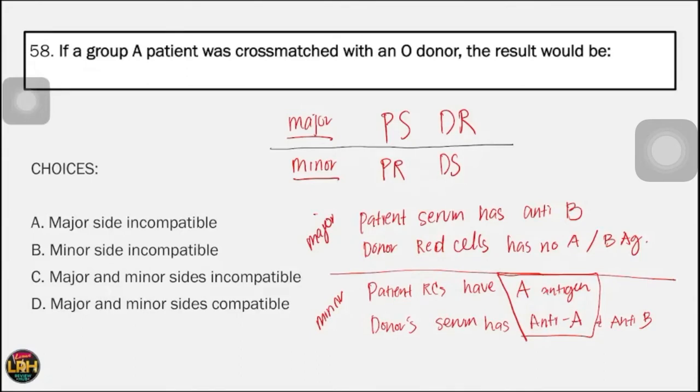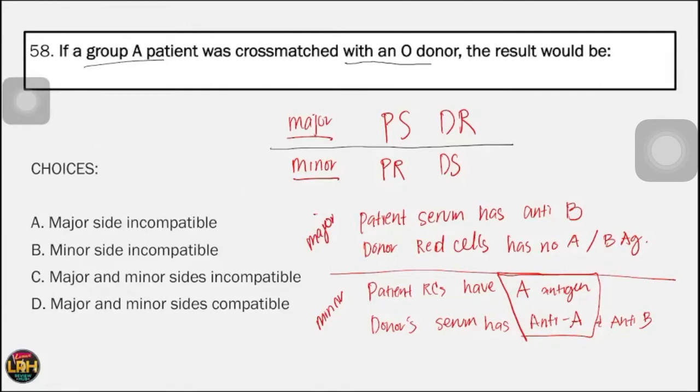So using the given group A patient and type O donor, we can identify what are the antigens present in the patient's red cells or donor's red cells, or what are the antibodies present in either sera.